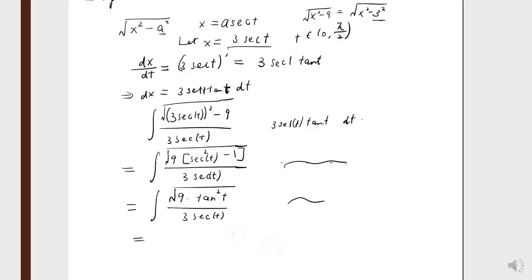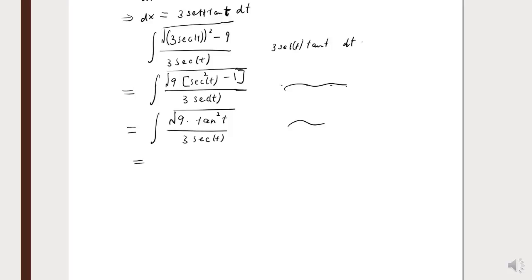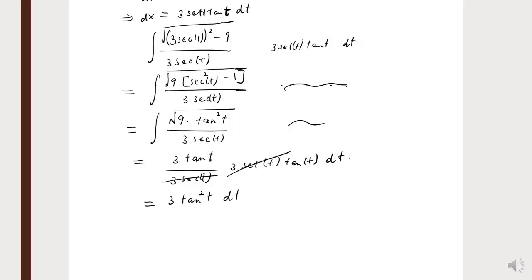We can get rid of the square root, you know, we hate the square root so much. So it's 3 tan t on top, and on the bottom we have 3 sec t. We put the rest here, tan t dt. Fortunately, we can cancel out the denominator, and all we have is 3 tan squared t dt.